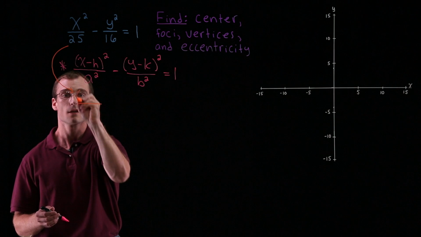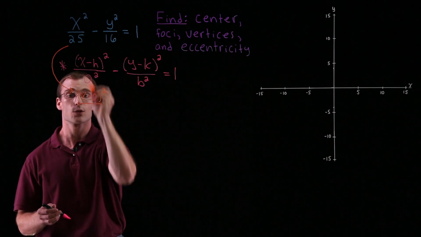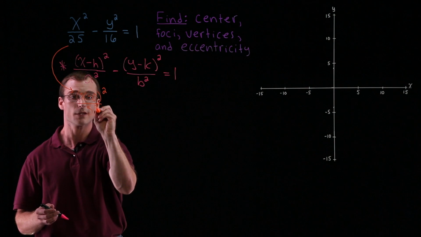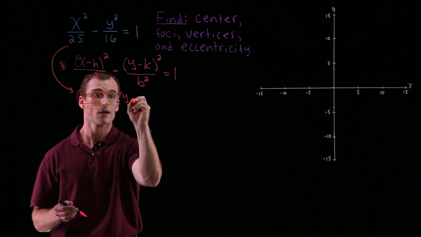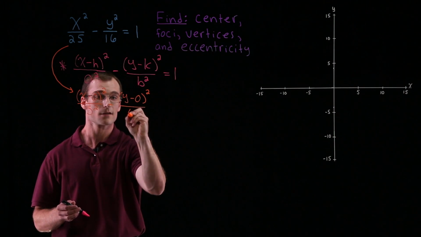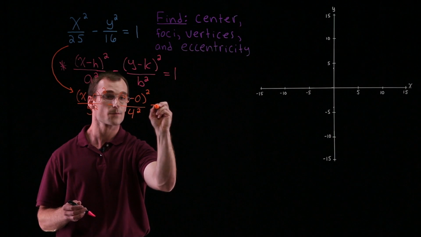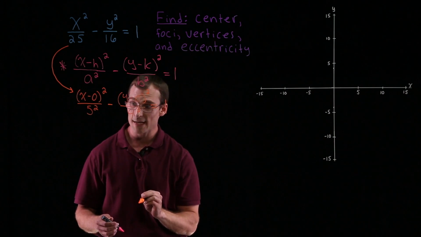So x squared can be written as x minus 0 squared, and 25 can be written as 5 squared. Minus y squared is y minus 0 squared over 16, which is 4 squared, and that's equal to 1. So how does that help us?